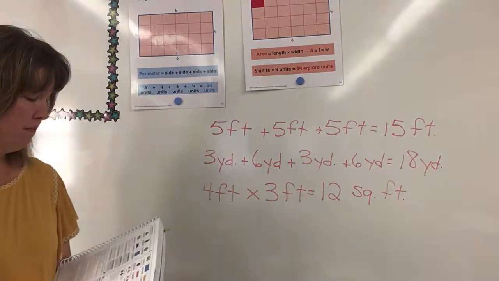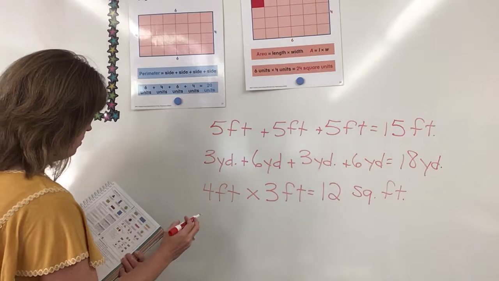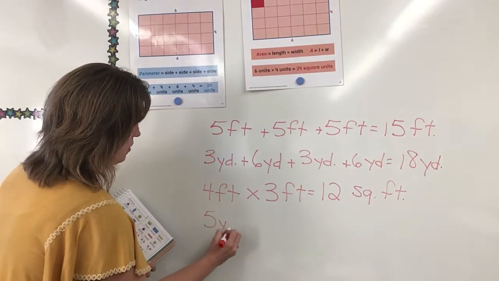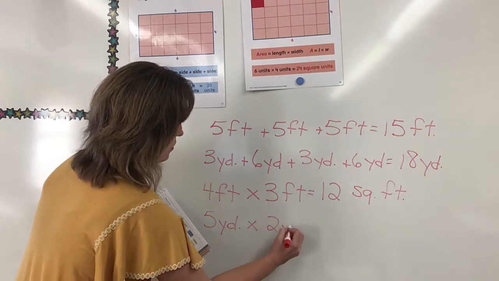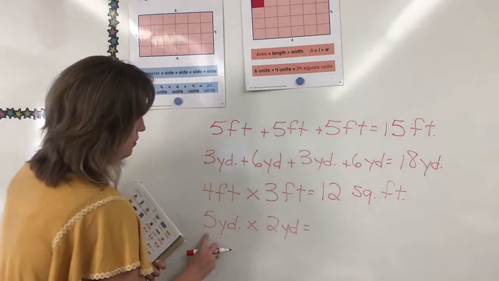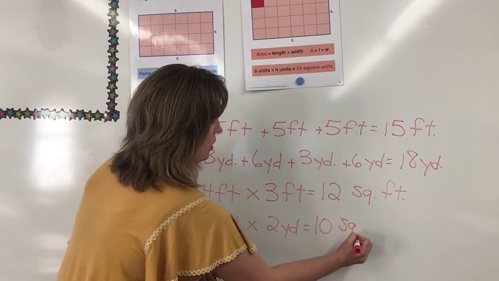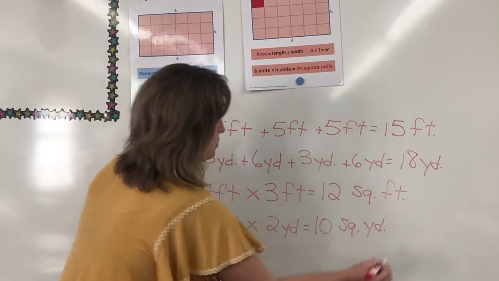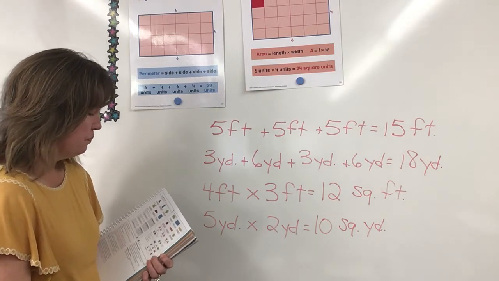Okay. Number 5. We have our length is 5 yards times our width, which is 2 yards. So 5 times 2 is 10 square yards. And number 6.